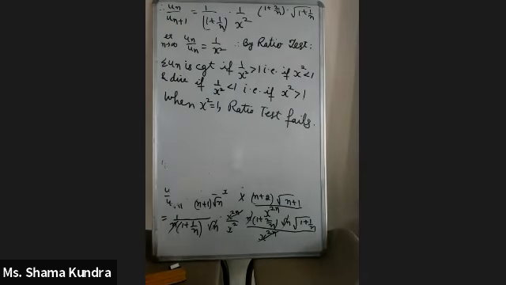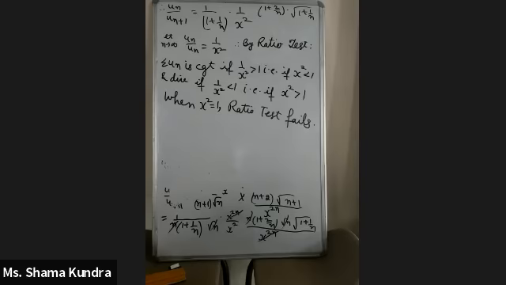If the value of the limit is 1, then the ratio test fails. When the ratio test fails, we can apply 4 tests, namely comparison test, Raabe's test, Gauss test, and log test. But till now, we have discussed only the comparison test out of the 4 tests.